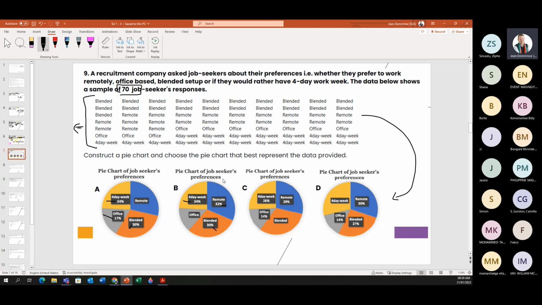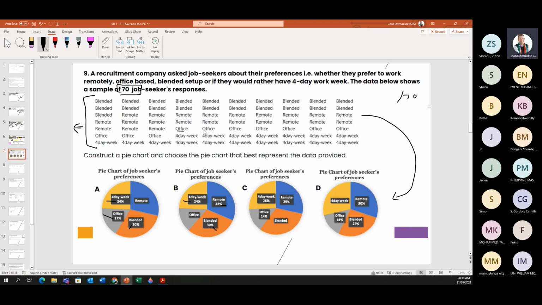So firstly, I will not do all of them. I will not go and type all of this in. I know there's 70 job seekers. So let's look. There's a lot of blended, there's a lot of remote, and not a lot of office. So let's count how many office, and then we see if we can at least eliminate some options.